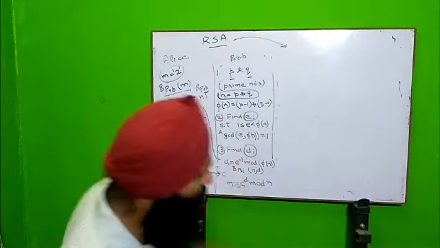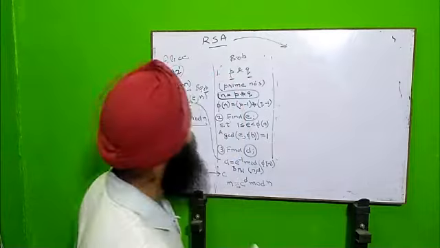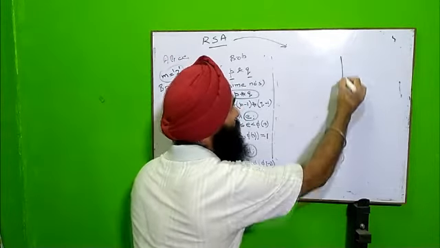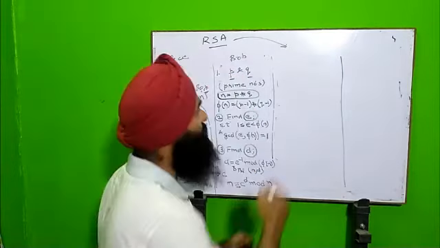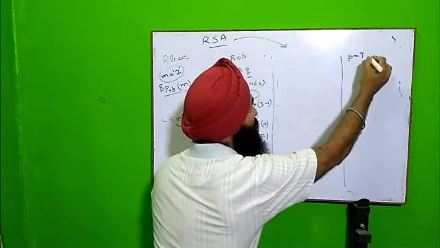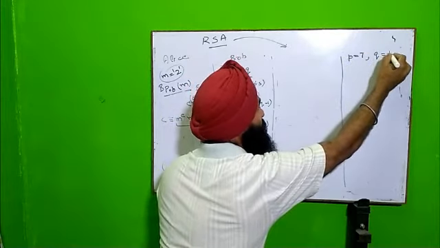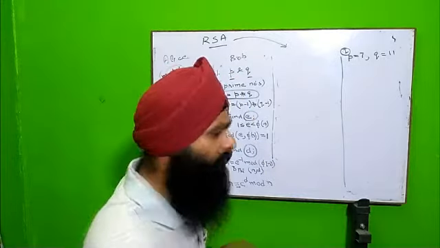So now let's take some values of p and q first. Having the same scenario, let's take p equal to 7 and q equal to 11. We are performing the very first step over here.